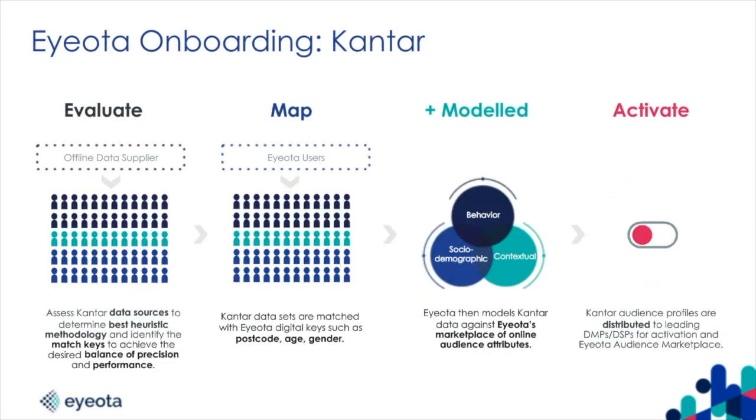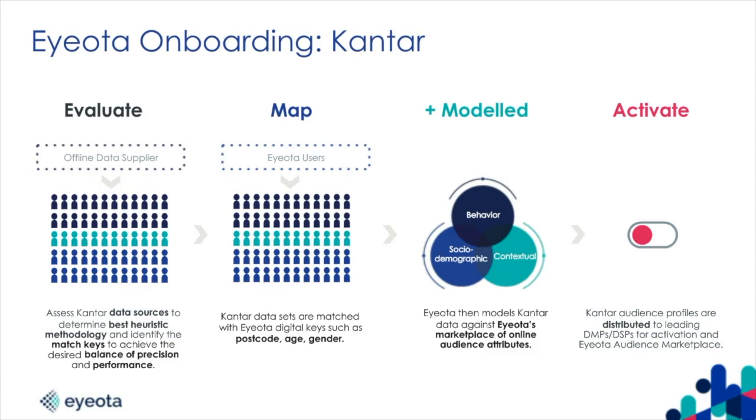Now, this next slide outlines in detail the steps of how we onboard data that is supplied to us by our partners at Kantar. First of all, we access data that comes from Kantar, so the seed data of the panels, and identify the relevant match keys between the offline and online digital sets.